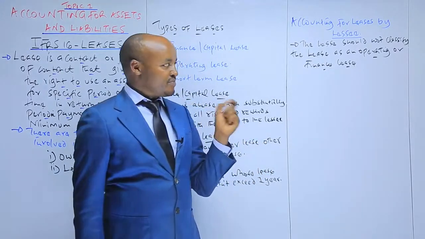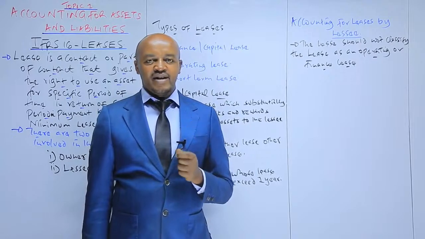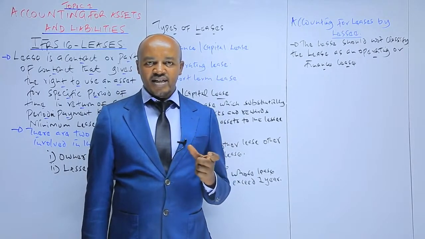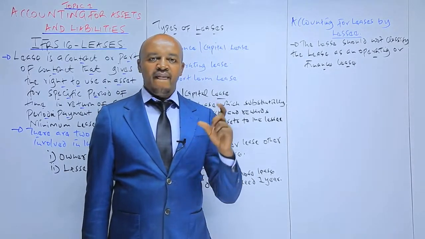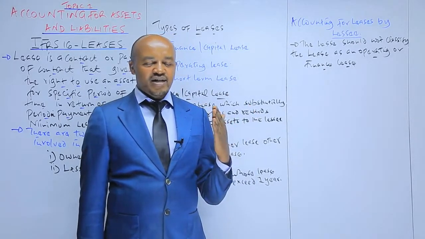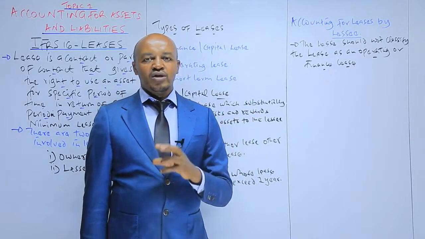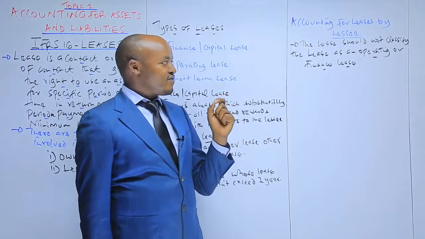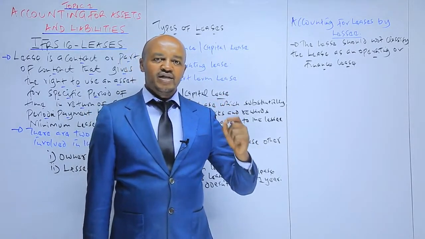Now, IFRS 16 considered that a limitation associated with IAS 17, and so IFRS 16 now prohibits the lessee from classifying the lease as an operating or finance lease.